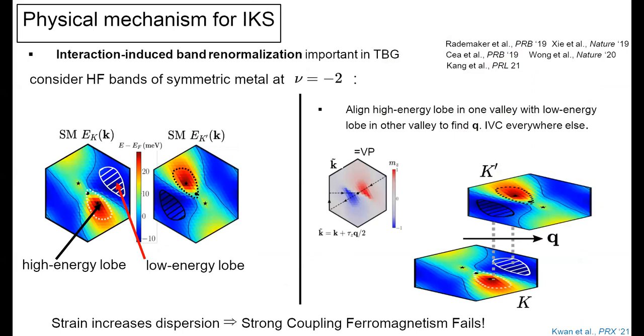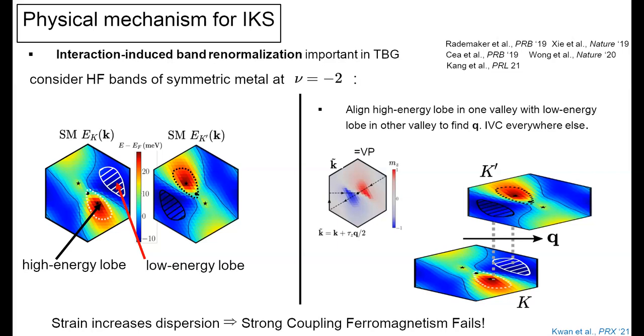So it's a little bit of a complicated slide, but let me try to walk you through it. The color here is the energy within the Brillouin zone, and here I'm plotting the energy of a band in the Brillouin zone under the condition that I'm not going to allow it to form intervalley coherence.